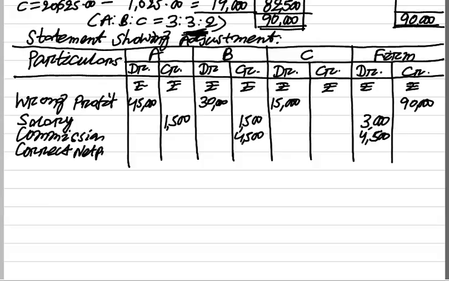And the correct net profit, as I have shown or calculated just above: this is 35,000 for A, 28,500 for B, and for C this is 19,000, and for the firm it is 82,500.